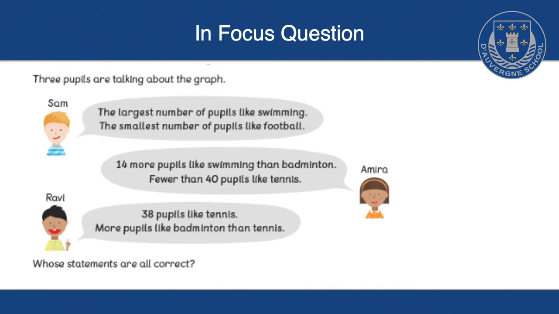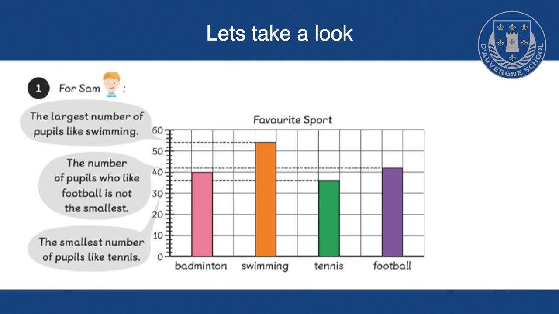Now we're going to have a little look at Sam's statements and see whether all of his were true or not. Sam says that he thought the largest number of pupils liked swimming. Was he right? Yes, he was, because if we look visually, we can clearly see that swimming is the tallest, so without having to work it out, we know that it is the biggest.